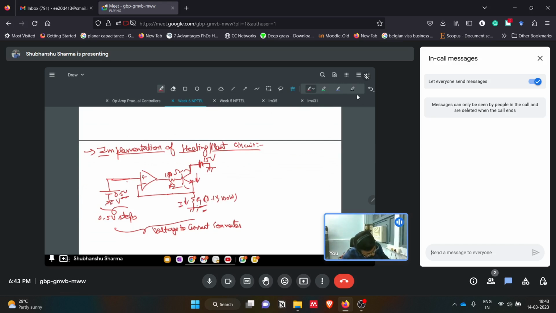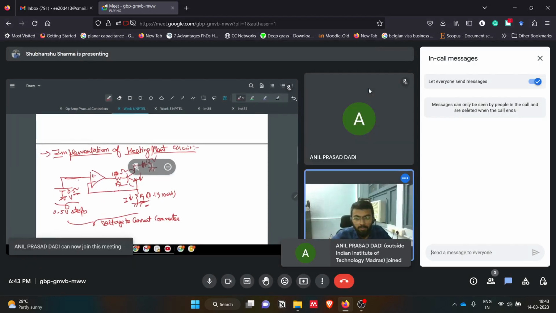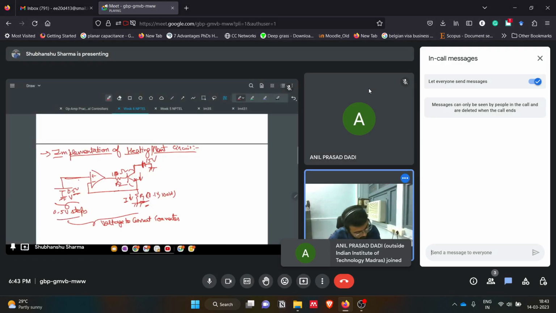This resistance we have maintained constant, so the current flowing through this transistor depends on the voltage which we are supplying here. As we increase this voltage, the current flowing in this transistor will increase, and thus it will heat the transistor.